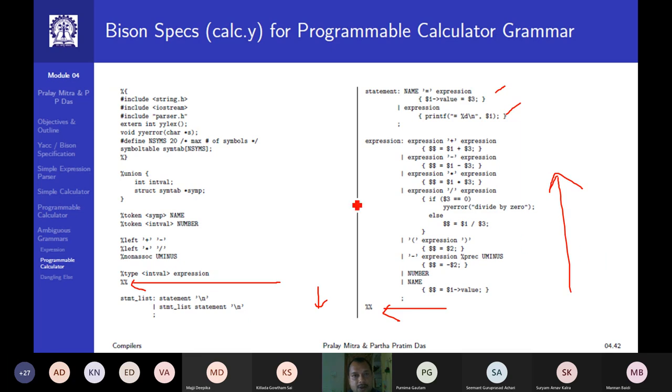Now, how can I deal with the precedence and associativity even for this ambiguous grammar, where E can produce either E plus E or E minus E or E multiplied with E or E divided by E? How can I code that in Bison? That will come in this region. Please look at this region.